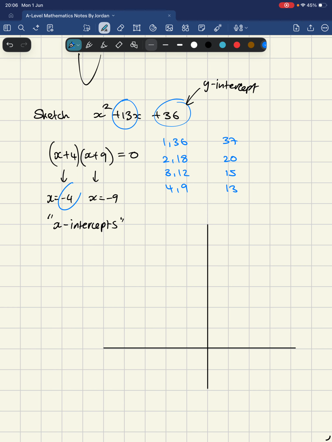I've got a minus 4, a minus 9, and I have this 36 right there. 3 numbers to worry about. Which one's the biggest? Of course it's the 36, so that's the one I should be putting on first. It doesn't really matter about the other two. So negative 4, I could just say is roughly here, and then 9, I'll just say is there. So it's a U-shaped graph again.